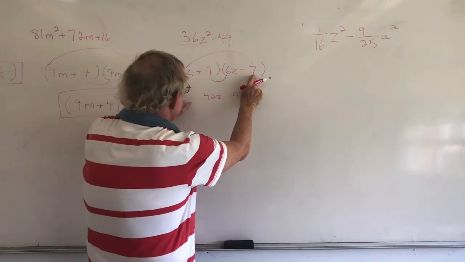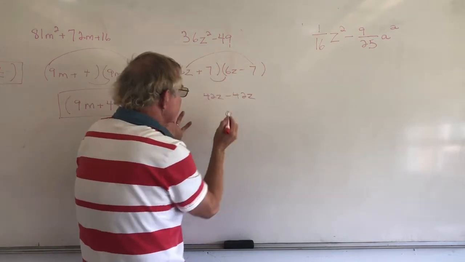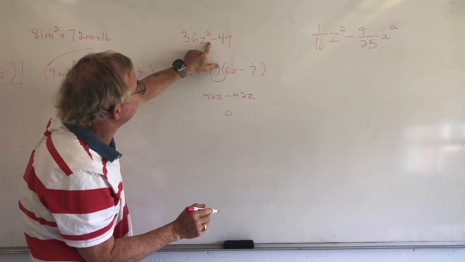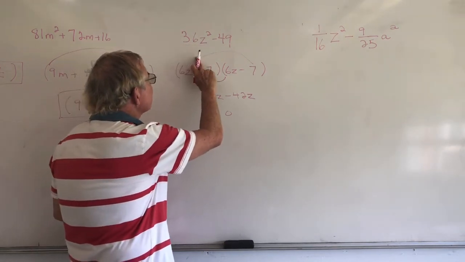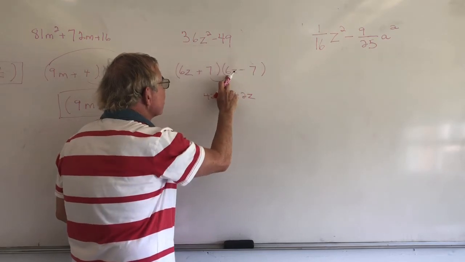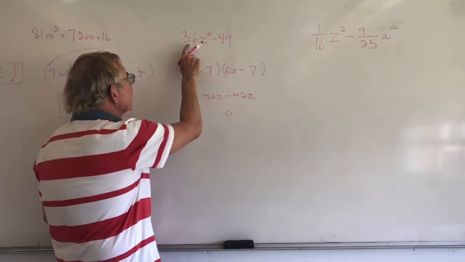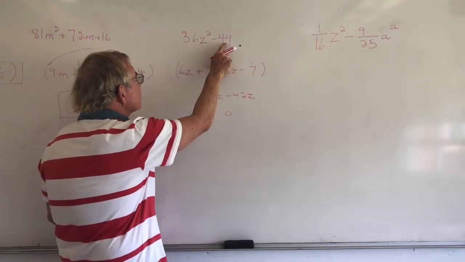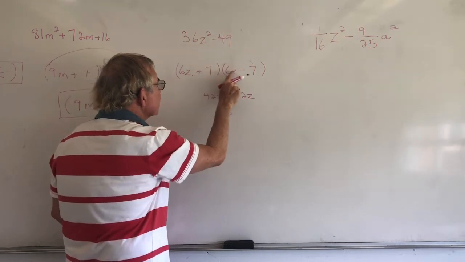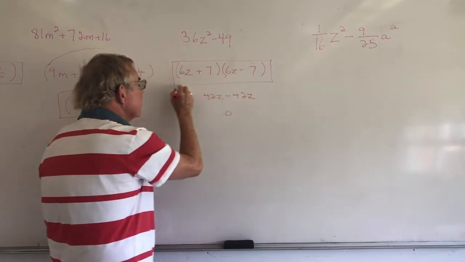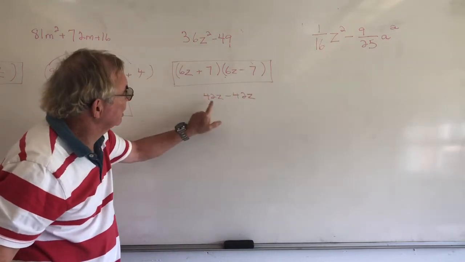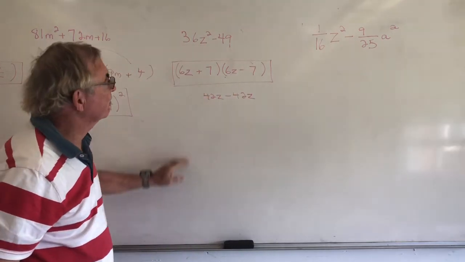There's the negative 42z, and they give you 0, which is nothing in there. So in this difference of squares, you take the square of this one and the square of that one and change the signs in between. And that'll cause the middle term to cancel out.